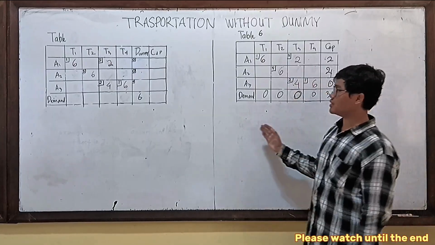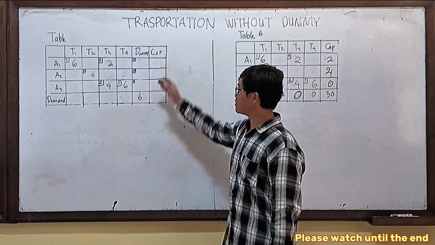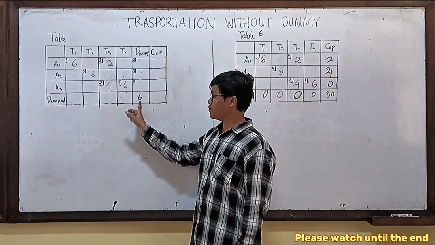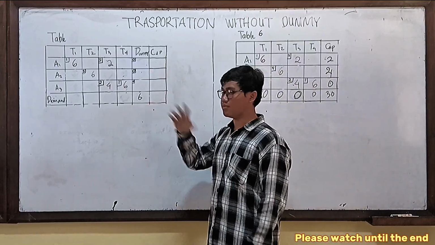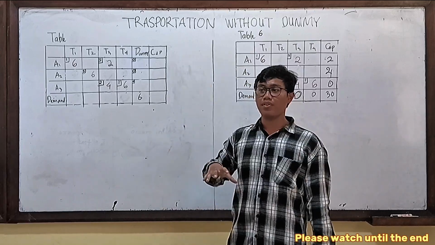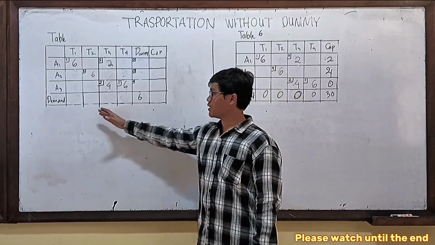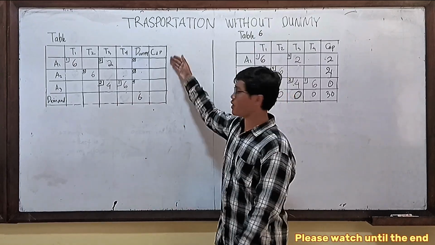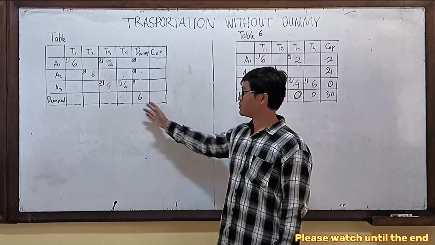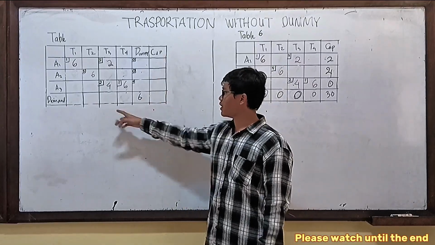Then we must add the dummy. The dummy has demand 6 because the difference between the demand before and the capacity before is 6. The demand before is 24 and the capacity is 30, so the difference is 6. Then the dummy has demand 6.